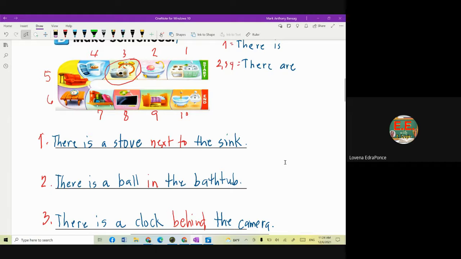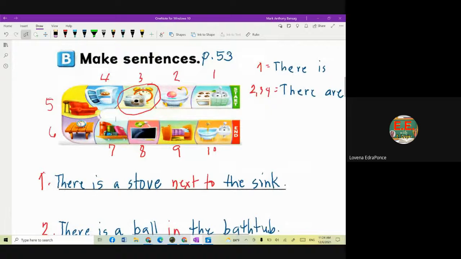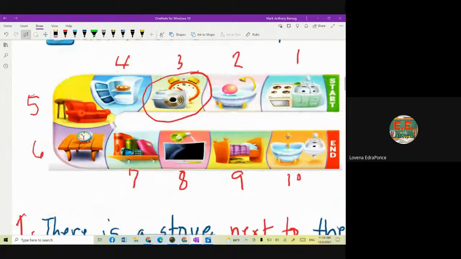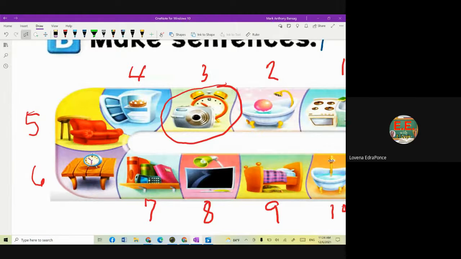Behind. There is a clock behind the camera. Okay, how about number 4? Let's try number 4. Let's look closer. Number 4, there is a cake in the refrigerator.